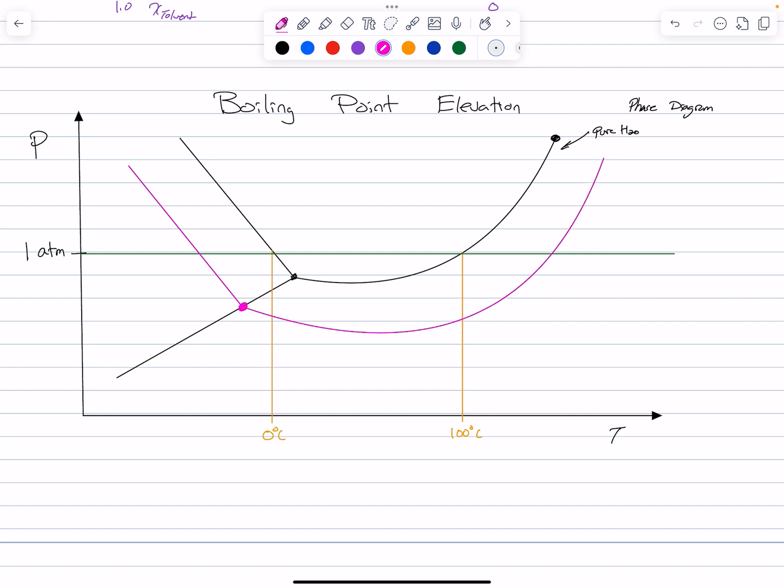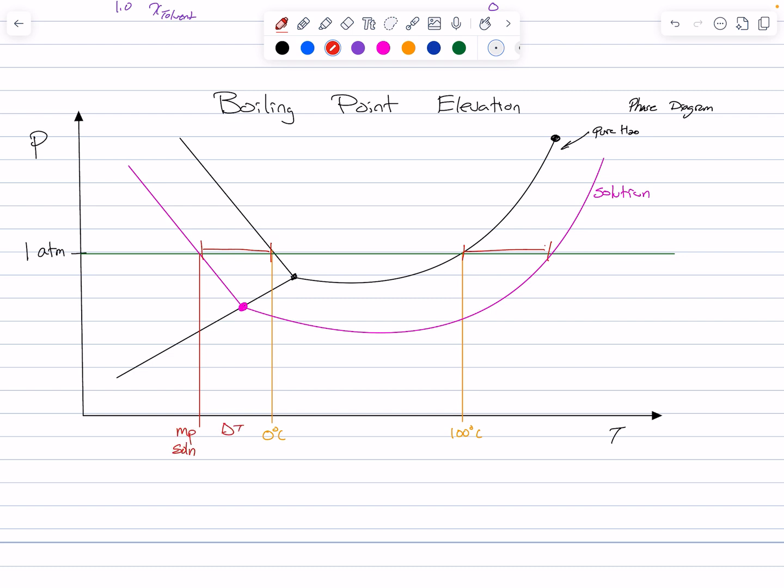Okay. And so what happens is, this is the solution now. And if you look, we have these differences. And so down here, right, this is the new freezing point, this is the melting point of the solution.